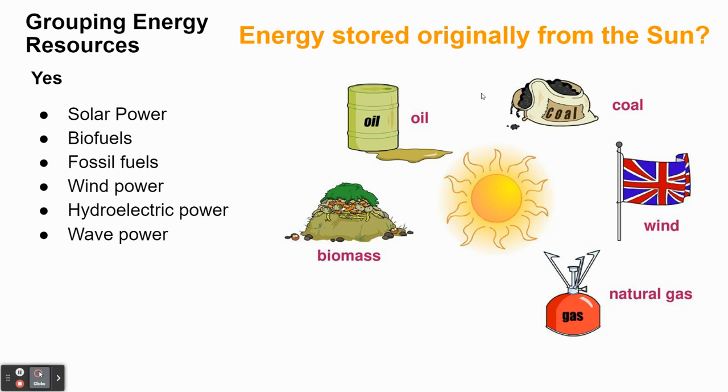Wind is caused by heating from the sun. Other ones, hydroelectric power. Clouds form from water evaporated by the heat of the sun, and then waves are also due to the sun. The ones that are not from energy from the sun would be nuclear, tidal, and geothermal.